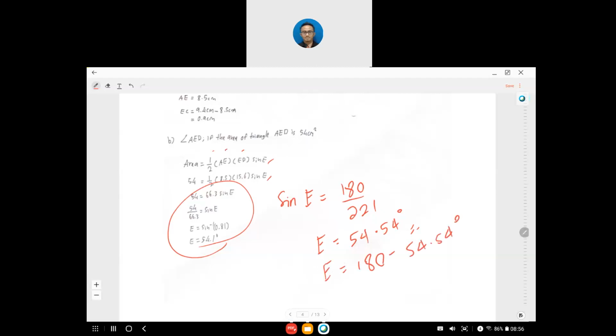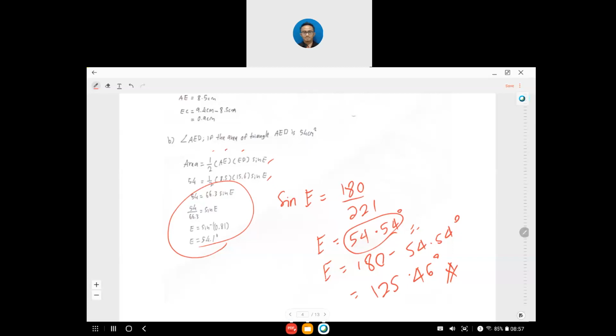So your final answer is 125.46 degree. So this is the value of E. Don't take this one, because if you look at it, the angle is an obtuse angle. Okay. So you cannot choose this value. You must choose 125.46. Okay. That one for question B.